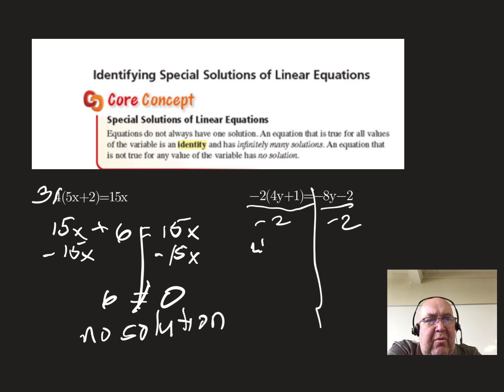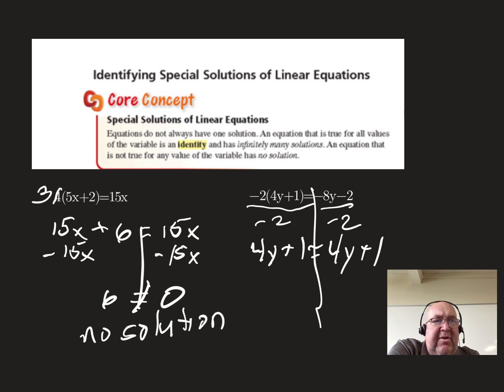I'm going to get 4y plus 1 is equal to 4y plus 1. I'm going to go ahead and go one step farther, even though I can tell you what we have right now. I'm going to subtract 4y from both sides and then subtract 4y over here, and I'm going to get 1 is equal to 1.